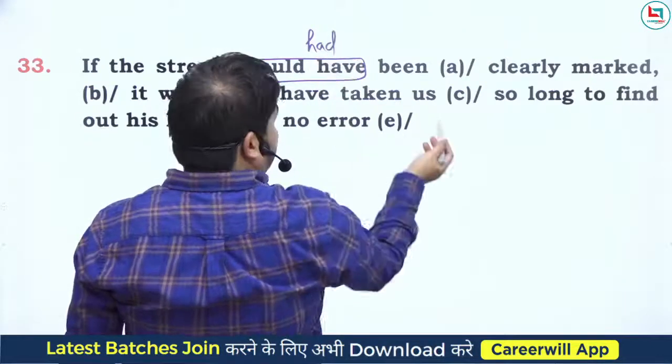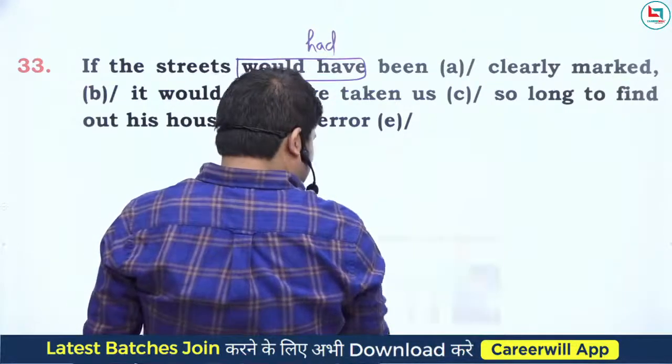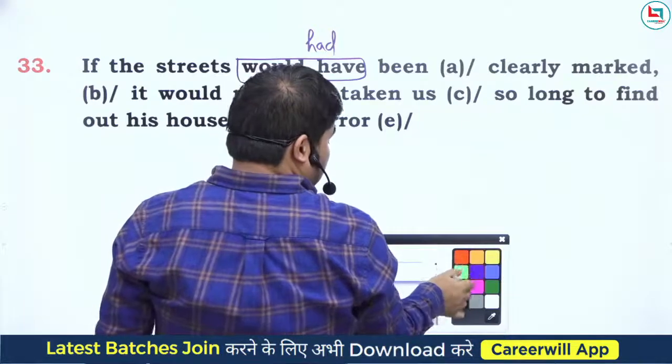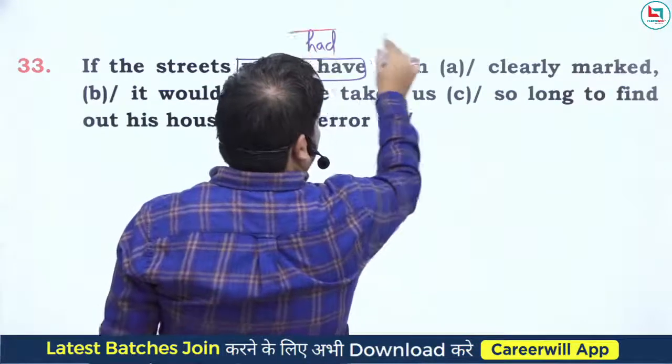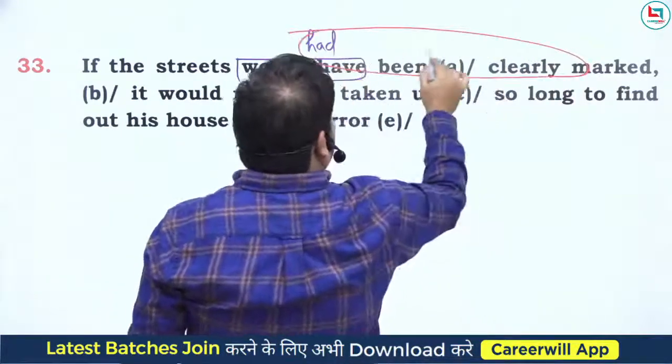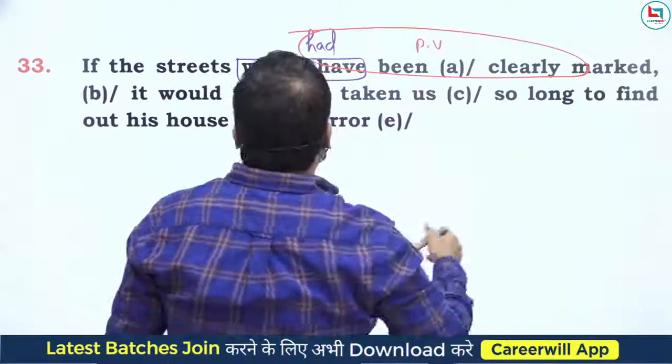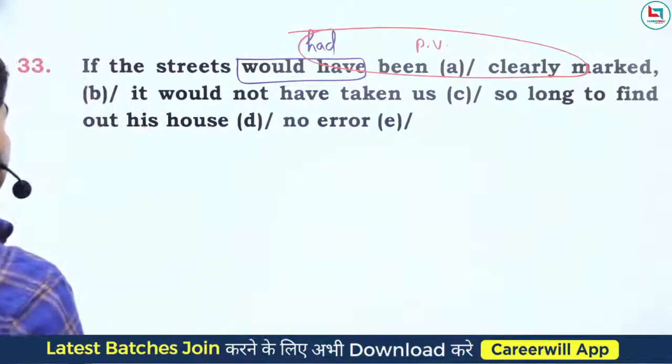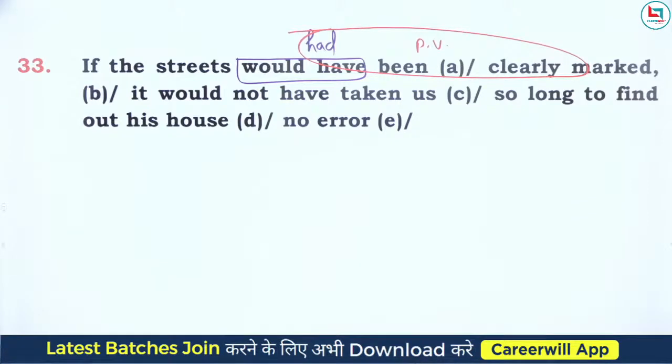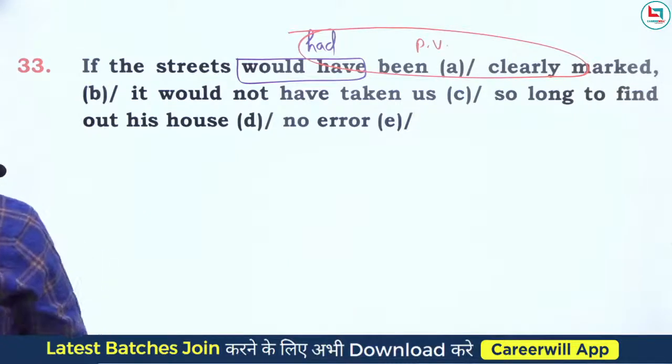Had been clearly marked. And again, this is written in which voice? This is in passive voice. Had been marked, this is passive voice, because someone else will mark the streets, the streets will not mark themselves. It would not have taken us so long. So again, there is no problem. The problem was in that same part.